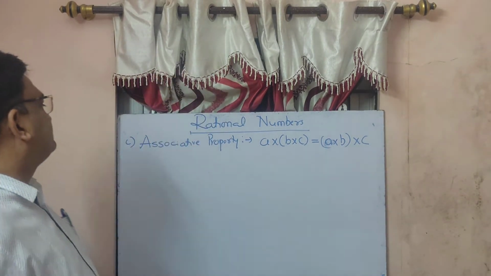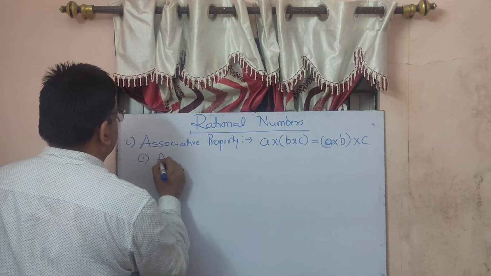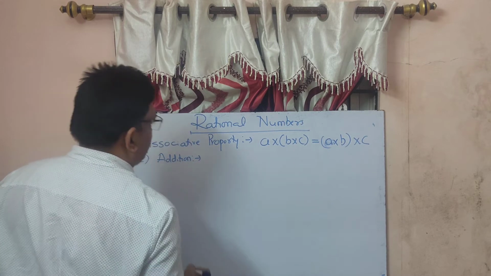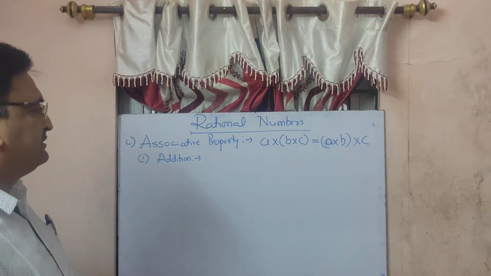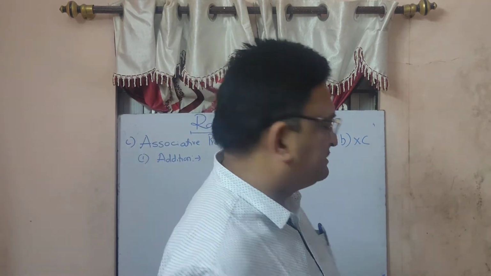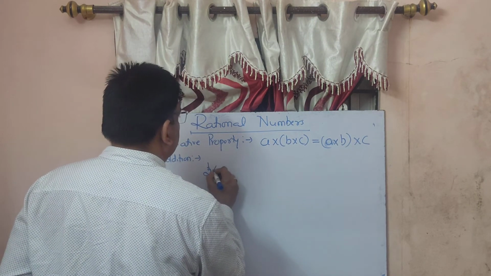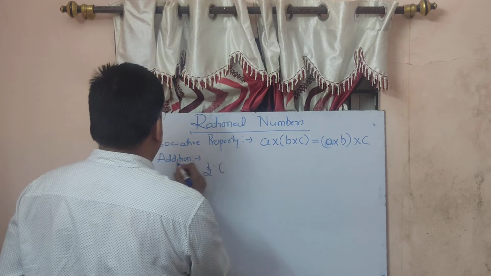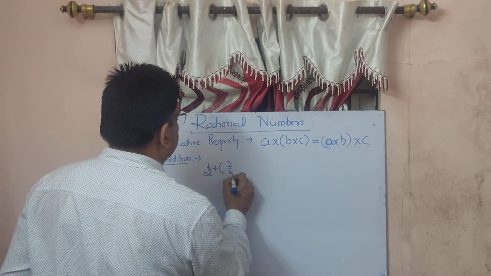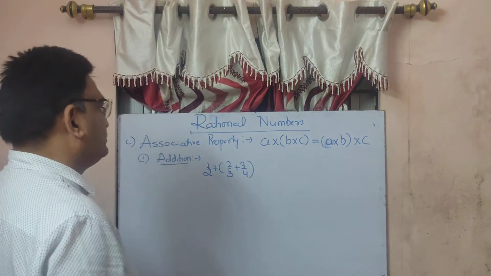Okay. Now let us see the first operation, that is addition. Now let us take any three rational numbers. Consider the first one will be 1 upon 2, we are talking about addition, so plus 2 upon 3 plus 3 upon 4.